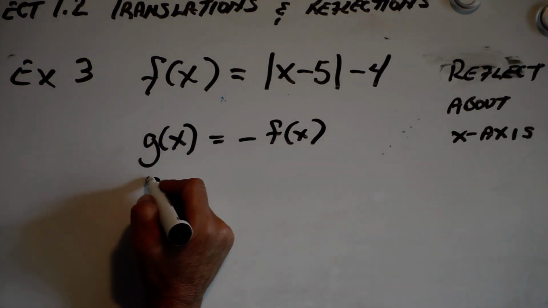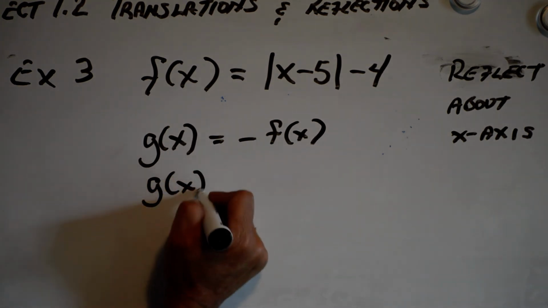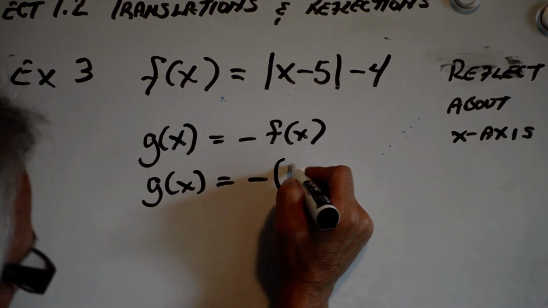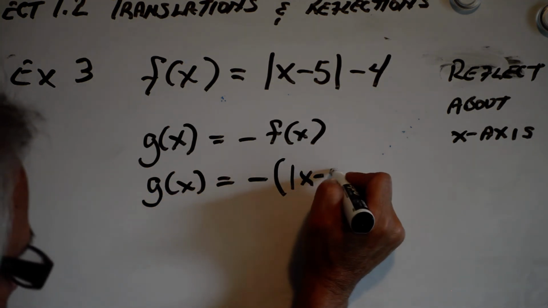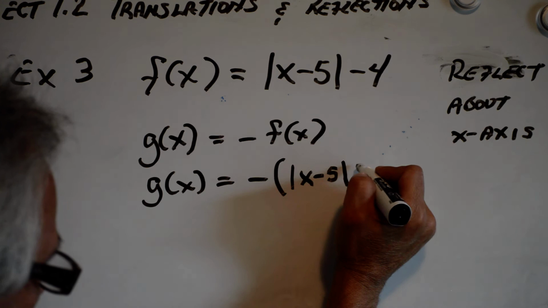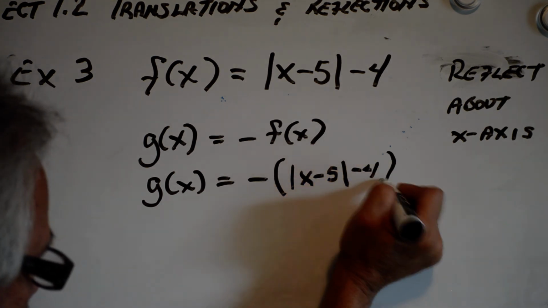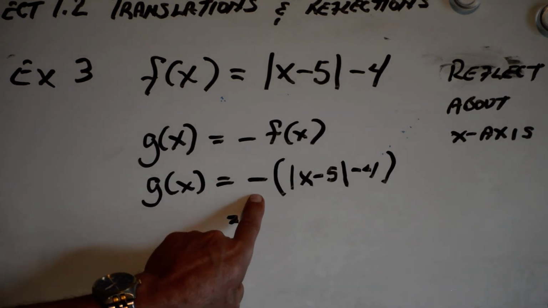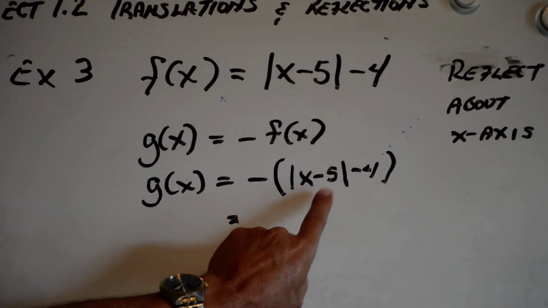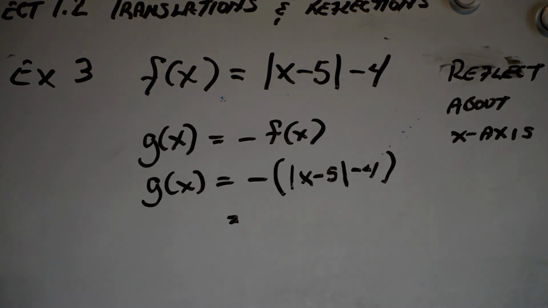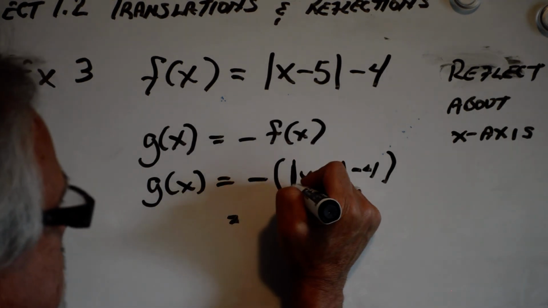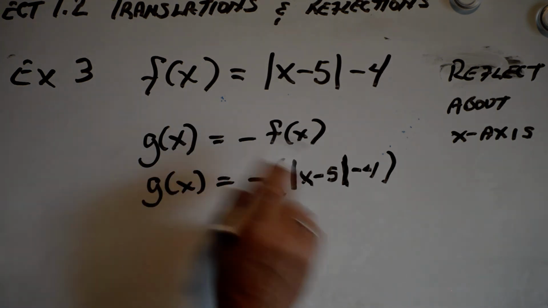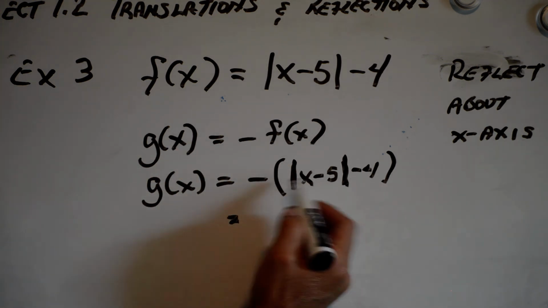So g of x then is equal to the negative, I'll put this in parentheses, my f of x, the absolute value of x minus 5, minus 4. All I need to do now is distribute this negative 1. Remember, inside that absolute value, you can think of these as a jail cell. Nobody can come in and nobody can go out of these bars here.